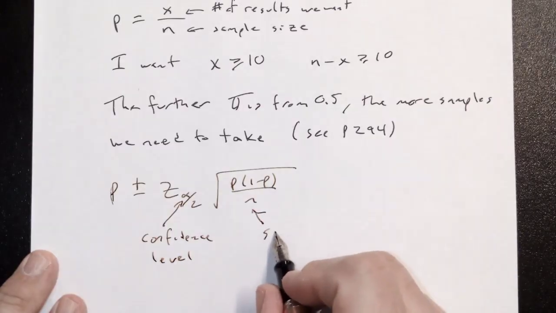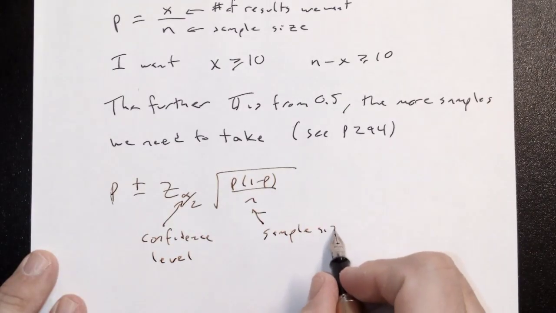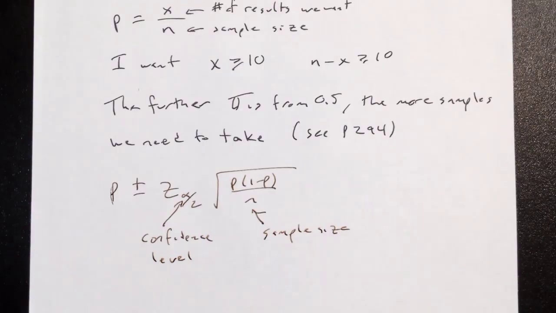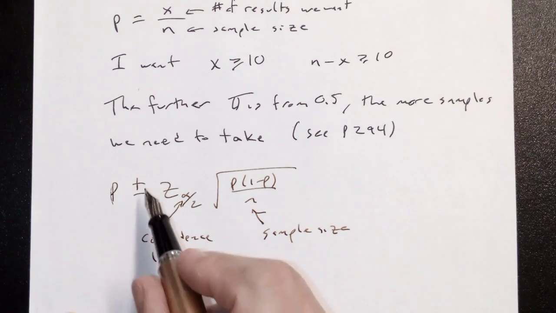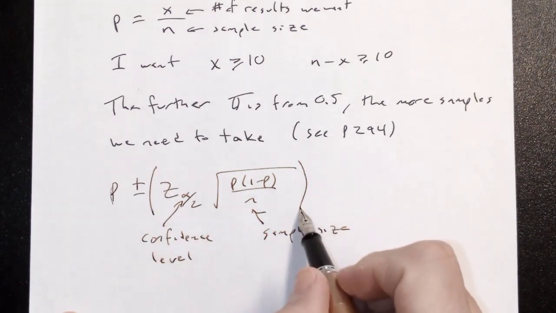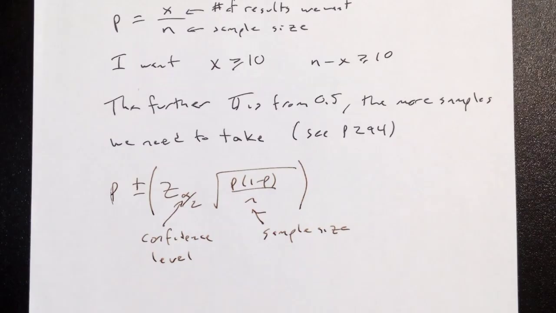N is our sample size. And I can think of this entire term as how far off I think I am. Here's my estimator, give or take some. Mike, what did you call that on Friday? Aha! So we can think of a margin of error this way.